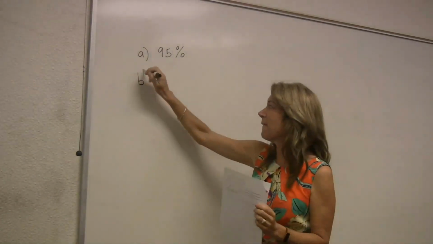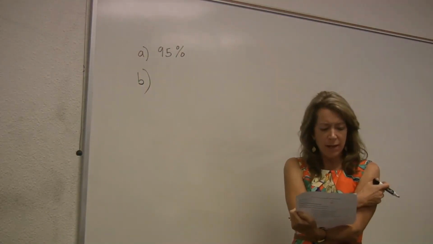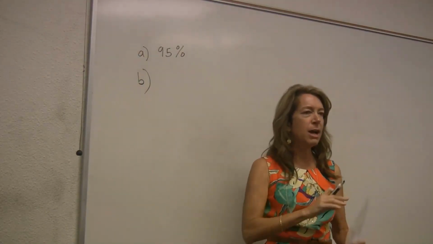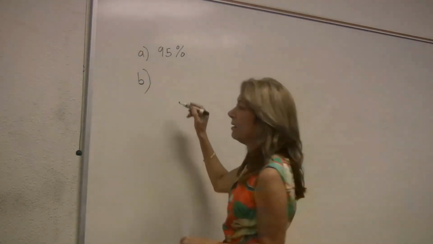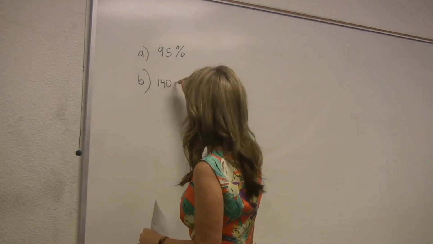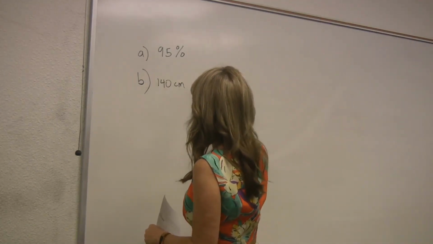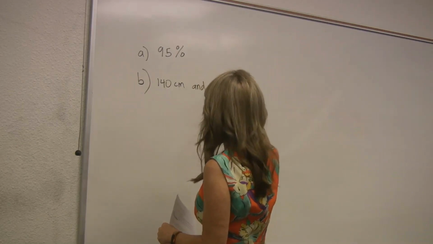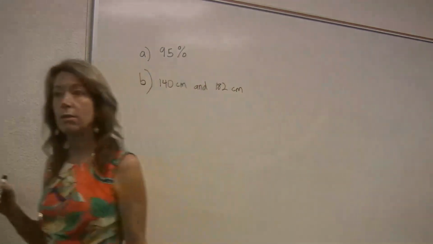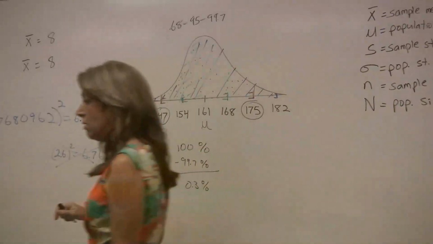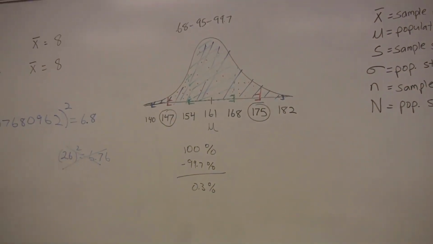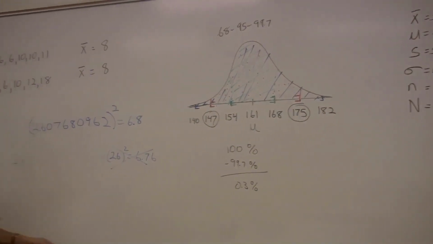Okay, how about B? 99.7% of women are between what two heights? 140 and 182. 140, she says, and 182. Where'd she get those? They're 3 standard deviations. Somebody else help her out.